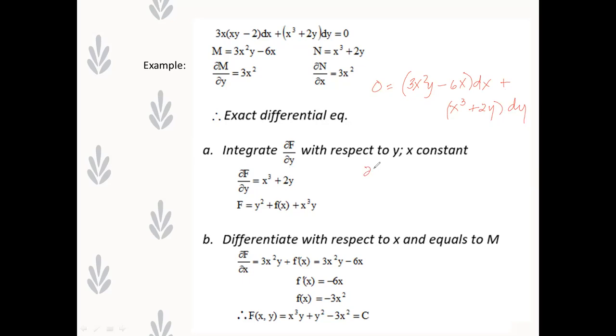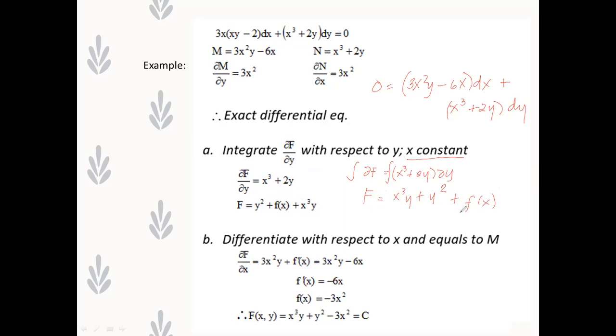You have the partial derivative of f with respect to y equal to x cubed plus 2y, and we will integrate. So you will have f equal to x cubed y plus y squared. Your arbitrary constant of integration will be a function of x because we considered x as a constant. So you see this? This is your function of x here.